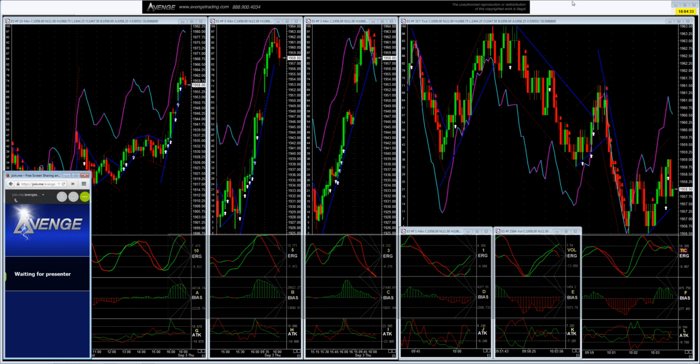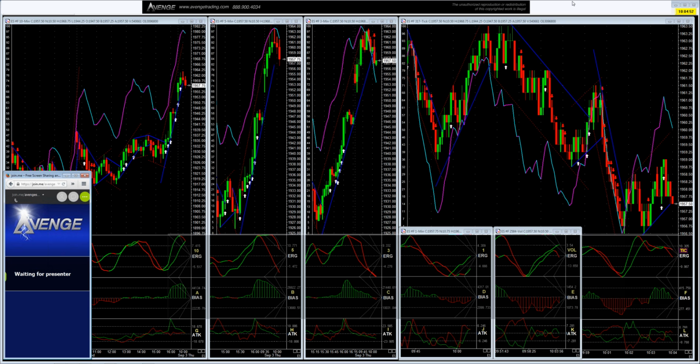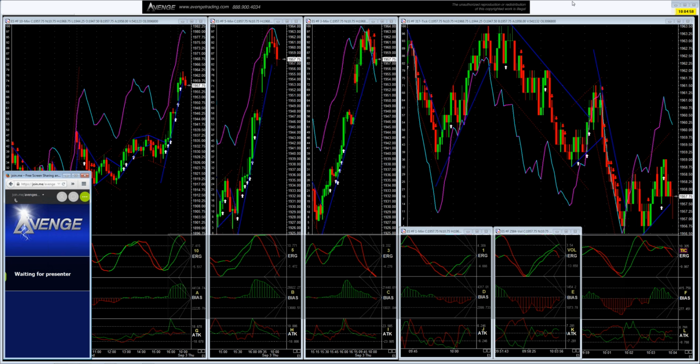Entry point was 57.00. It tapped on the 59 level. Didn't push through. We're going to pull the stop back to 2.5 points behind 57. It'll be at 59.50.